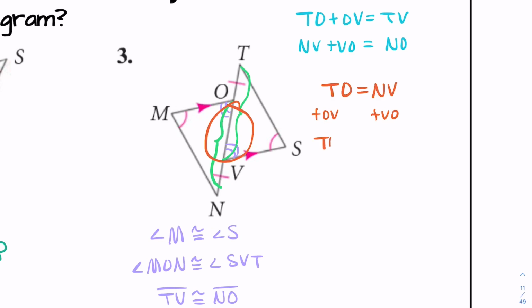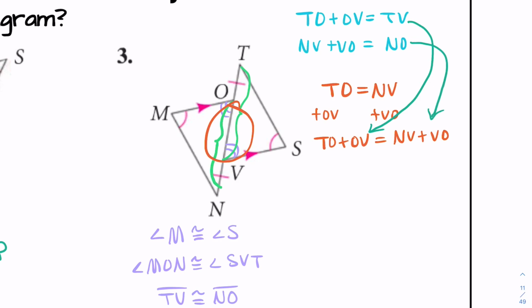That would give me TO plus OV on the left-hand side. And on the right-hand side, it would have NV plus VO. Well, what do I know about TO plus OV? TO plus OV is TV. So I could substitute in TV wherever I see that piece. And then what do I know about NV plus VO?